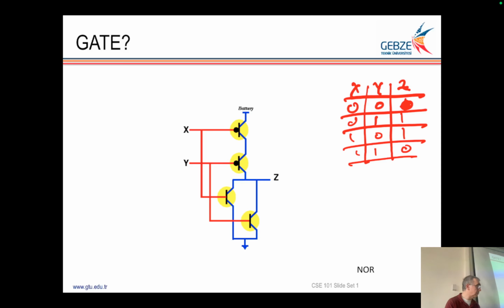If this is 0, then this conducts. If this is also 0, this conducts. This one, right? Yeah, because it is NOR. Sorry.